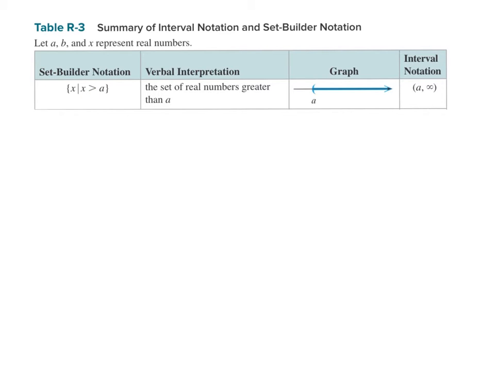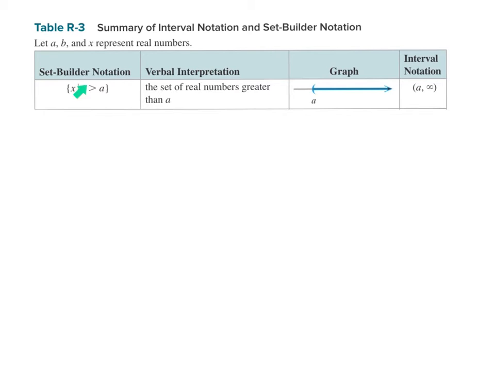And if you think back to what we did in statistics, we spent a lot of time with the upper bounds and lower bounds of infinity and negative infinity. It's the same idea. Since infinity never ends, you can always find a bigger number. We also put a parenthesis because it's never locked into a specific value. It's always just bigger and bigger and bigger, and it goes on and on forever.